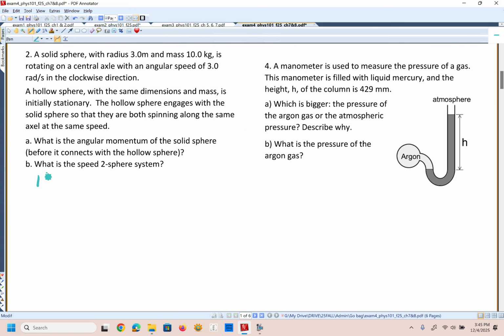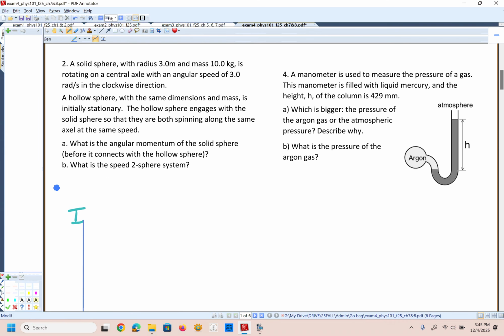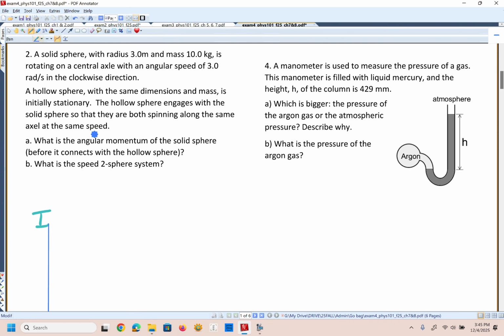All right, so here it was a solid sphere and a hollow sphere. I'm going to go ahead and find their moments of inertia. The moment of inertia for a solid sphere is 2/5 mr squared. That's on your equation sheet.